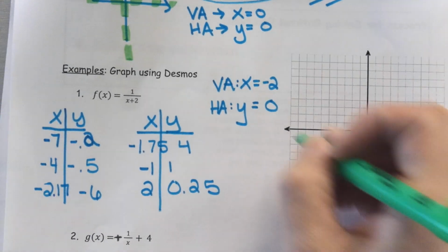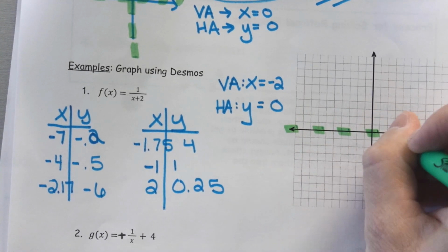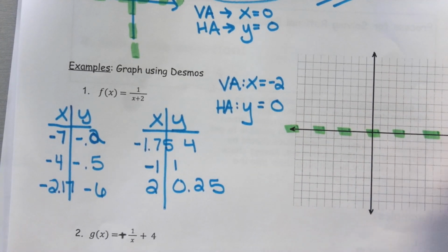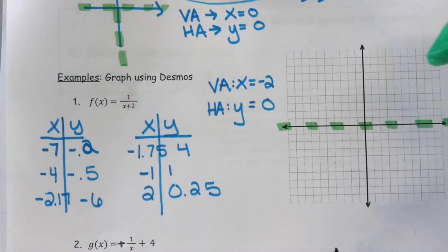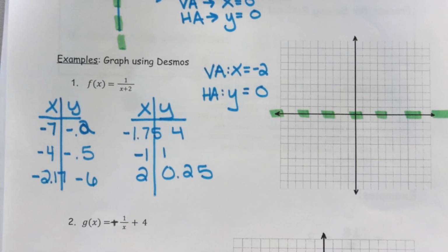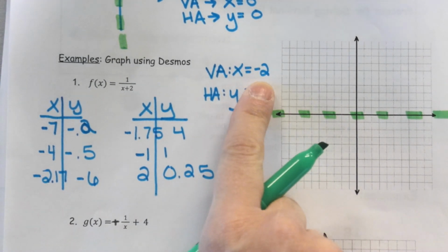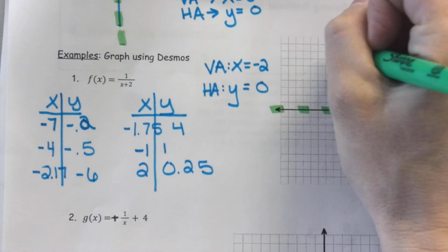So the first thing I'm going to do is draw in my asymptotes. If anybody wants a highlighter for that, you can come grab one. If you don't care, you can graph in pencil. It doesn't matter. All right. And then do you see how this one's at -2? So I'm at -1, -2.